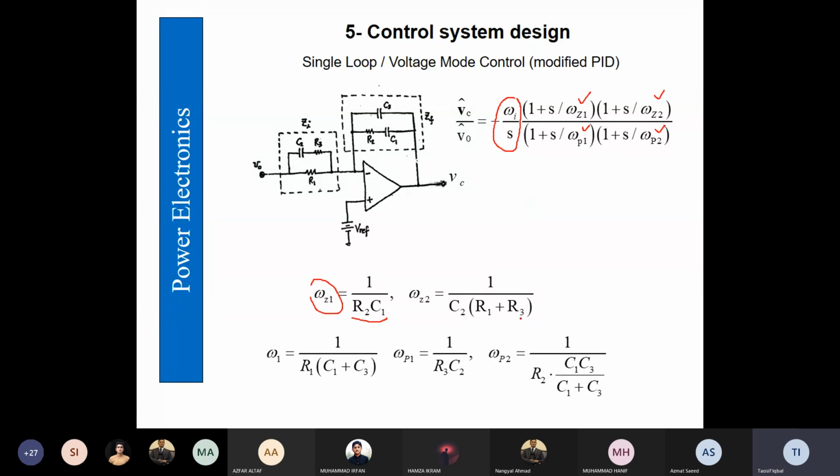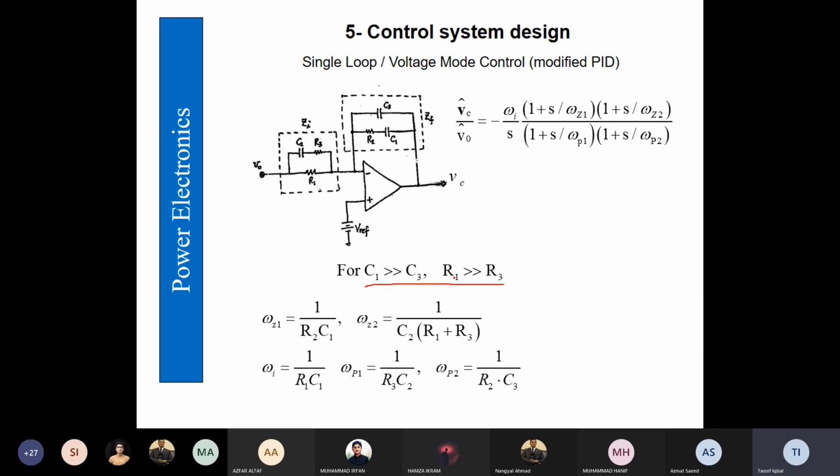So the more parameters that create one frequency, the more complicated the system is. So for ourselves, we decide that the values we choose for capacitors and resistors follow this logic: C1 must be very large compared to C3, and R1 must be very large compared to R3.